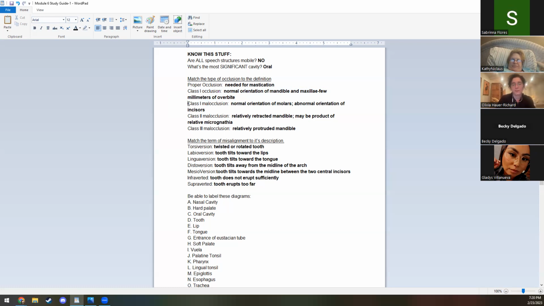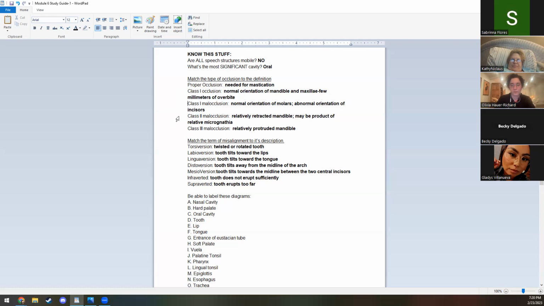Oh, okay. Yeah. So the first one, overbite, and then normal molars, but abnormal orientation of incisors.